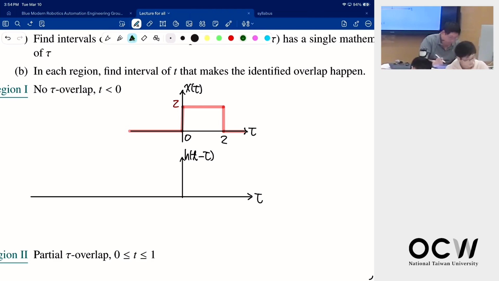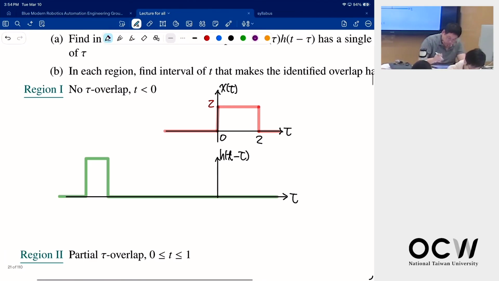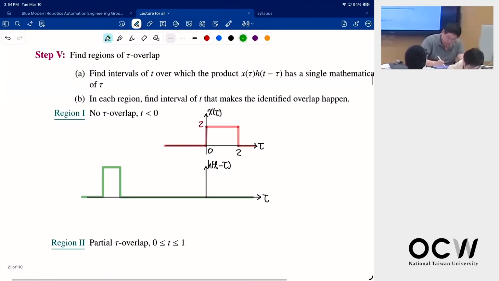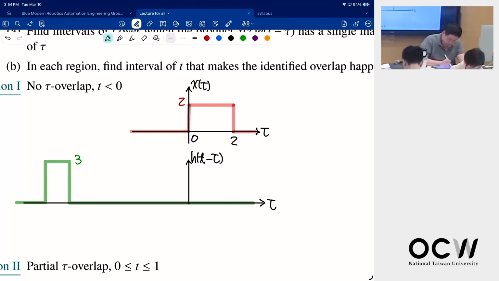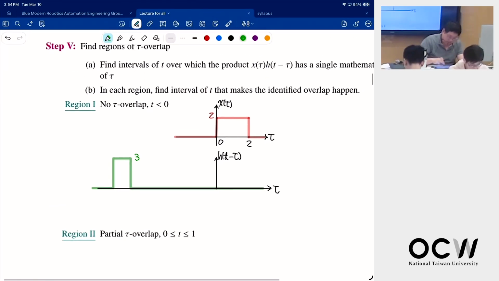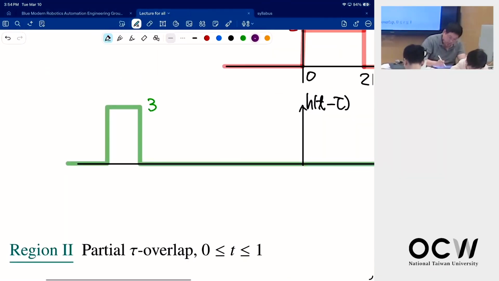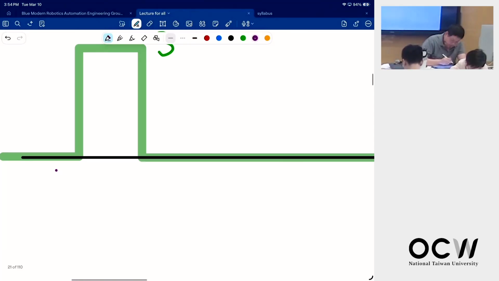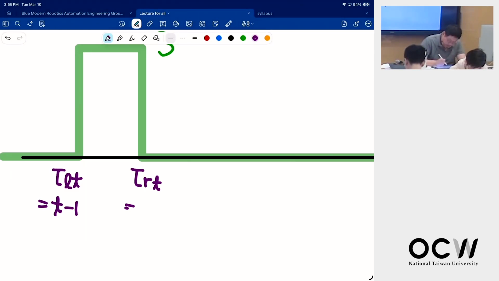First, this is 3. Tau left t is t minus 1, and tau right t is t.